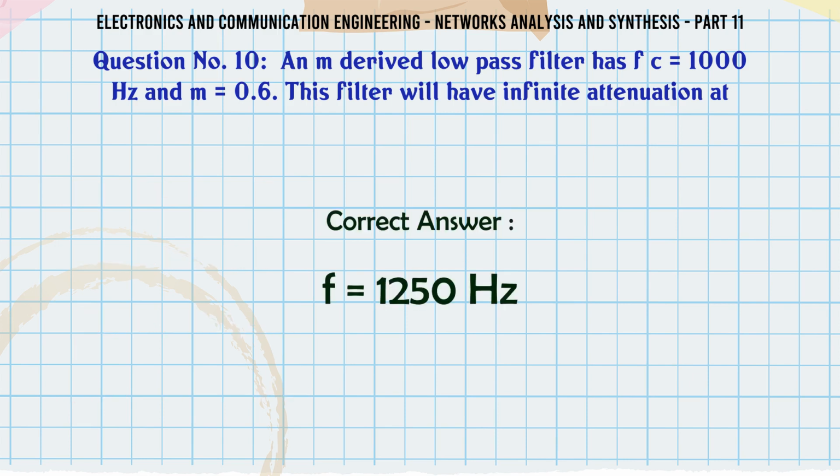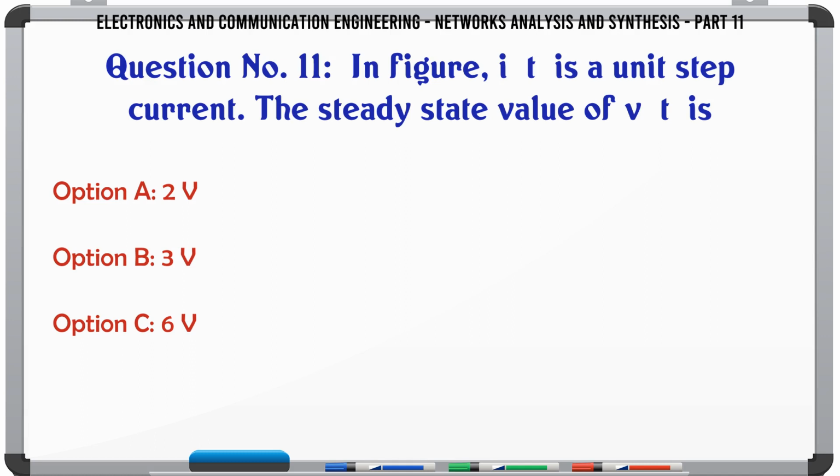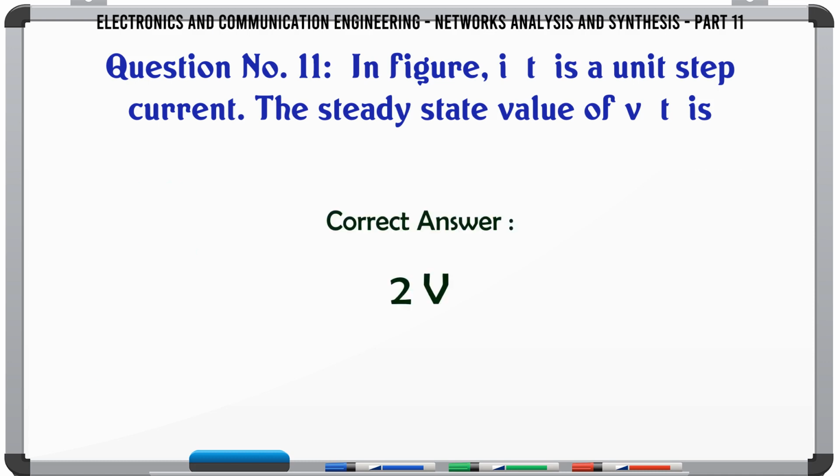The correct answer is 1250 Hz. In the figure, i(t) is a unit step current. The steady state value of v(t) is A 2 V, B 3 V, C 6 V, D 9 V. The correct answer is 2 V.